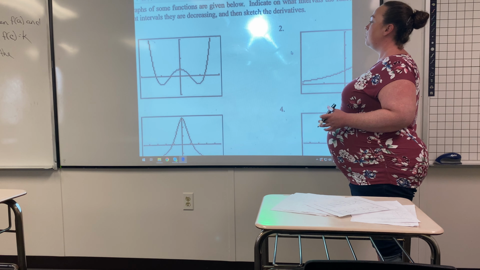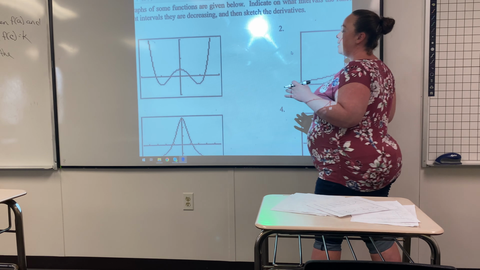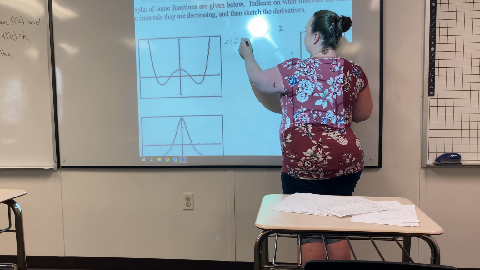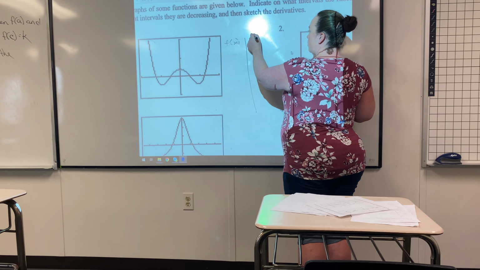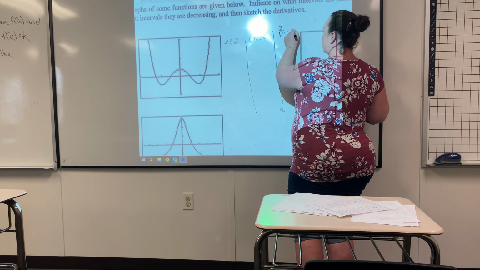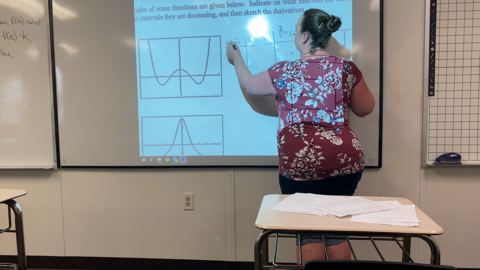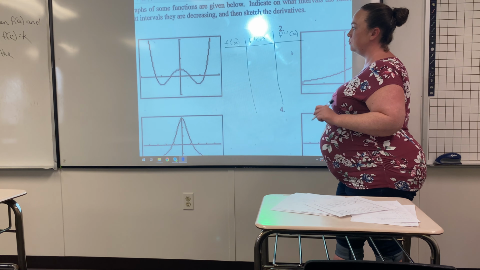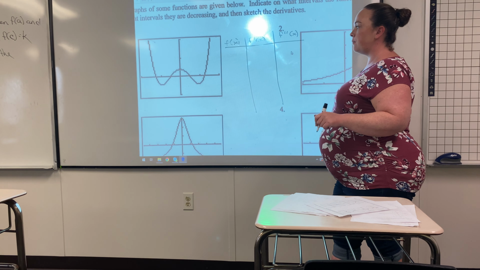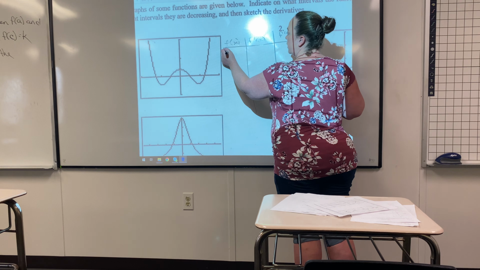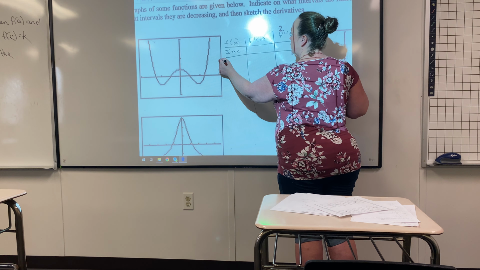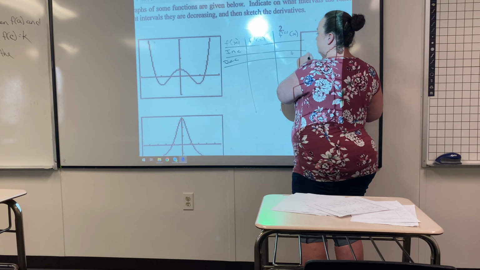So, what you have is you have three basic functions that you worry about. You have f of x, you have f prime of x, and you have f double prime of x. All right, so things that you're worried about as far as what f of x is doing: you're worried about where it is increasing, decreasing.